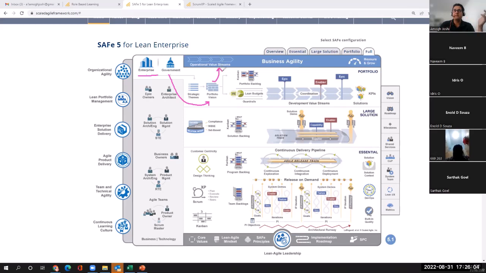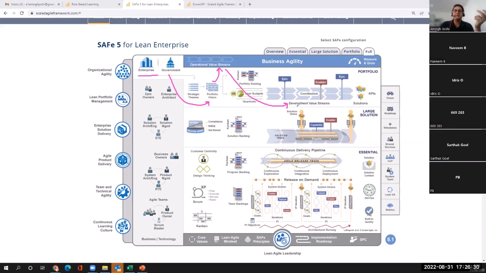Let's say in this example, we have passenger service as an operation value stream. Within the passenger value stream, we have solutions like the reservation system. The people who develop the reservation system can be part of a development value stream. So the steps and people who develop the solutions that are used by the operation value stream are known as development value streams.